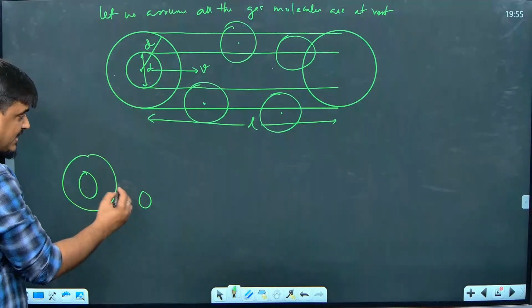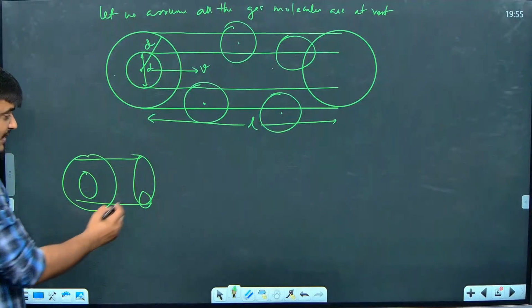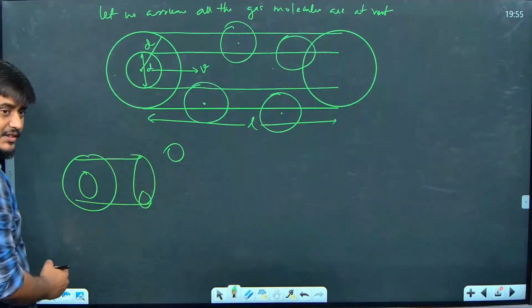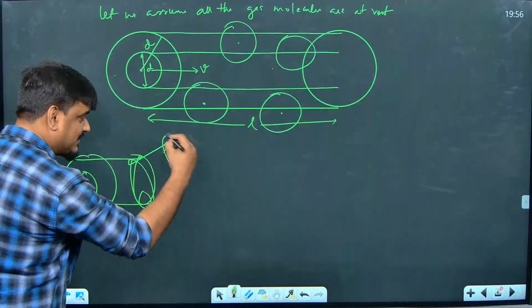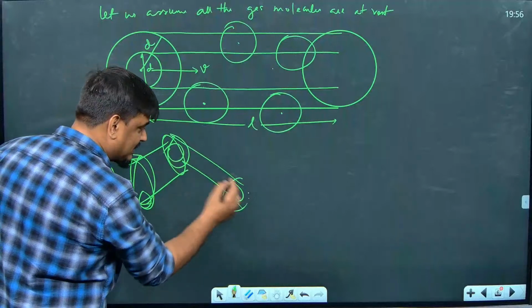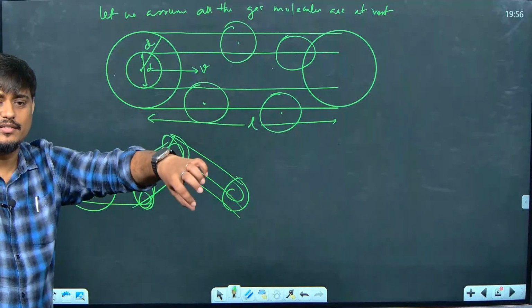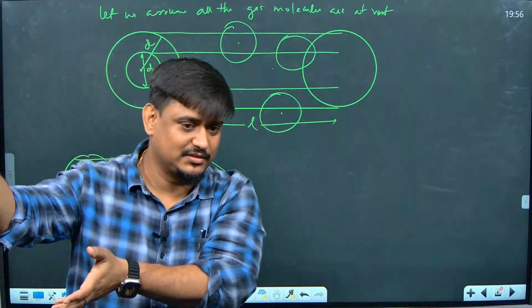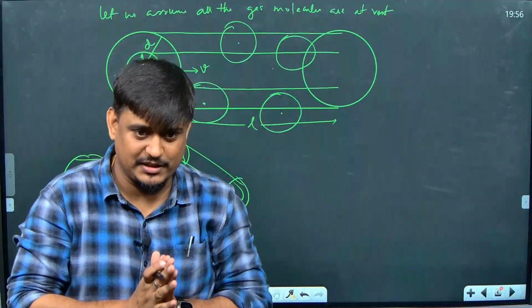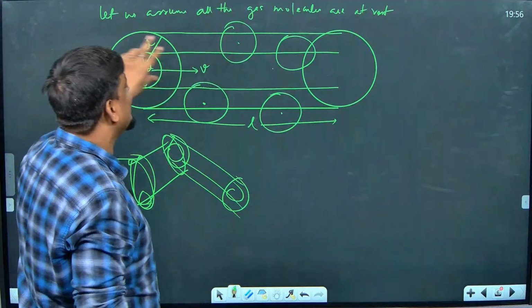Up to here I found one volume. Then this molecule moved in this direction, so I will find the volume like this. Then it moved in this direction, so I will find the volume like this. Are you getting my point? Like this it will keep on going. I have to find each volume in that direction, but it will be confusing for the derivation. So I am assuming that this molecule keeps on hitting and keeps on going straight.